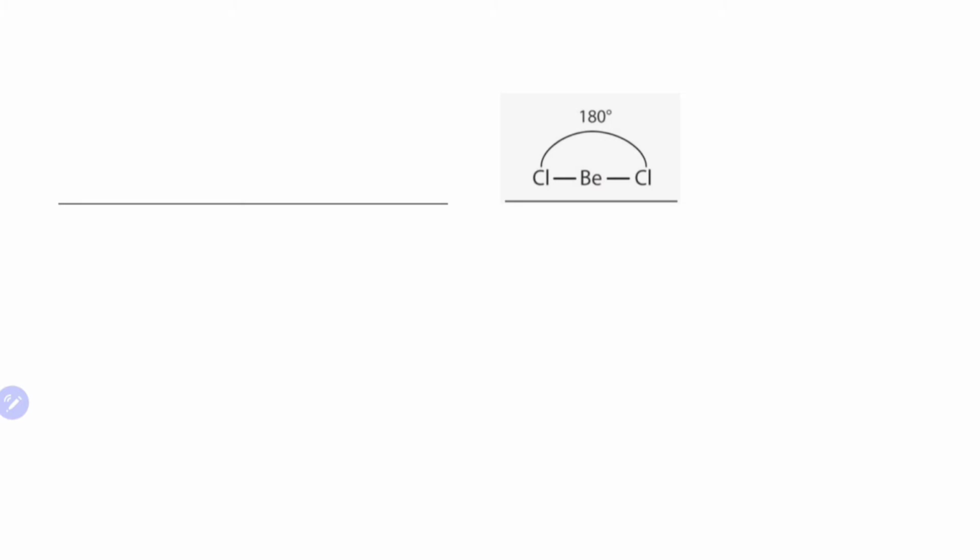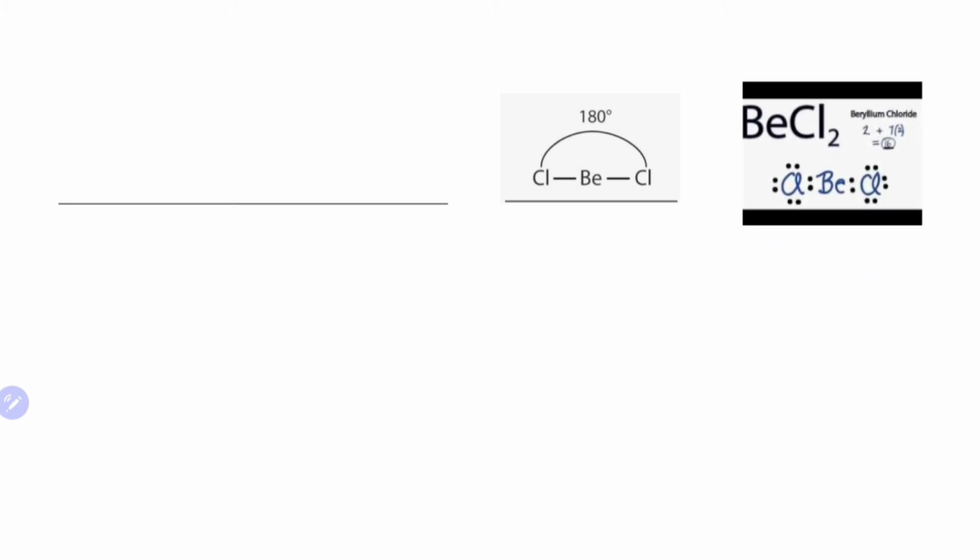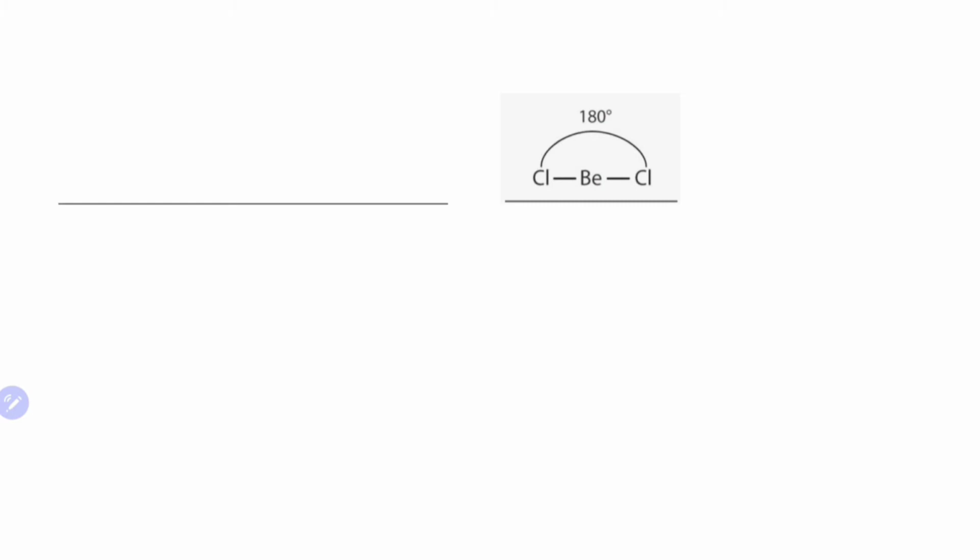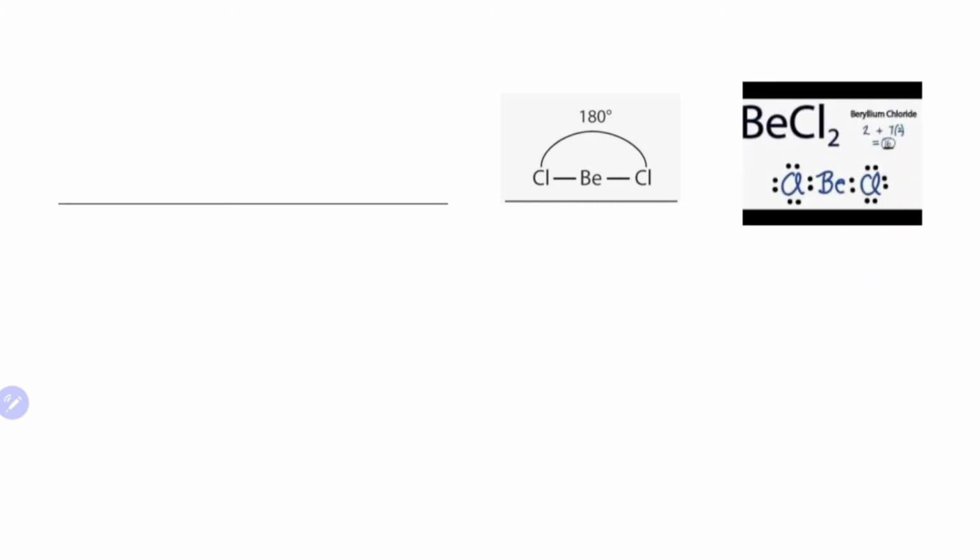Another example is beryllium chloride, BeCl2. Be is number 4. So the configuration is 2 and then 2. So the outer shell electrons are only 2. So here belong to Be.